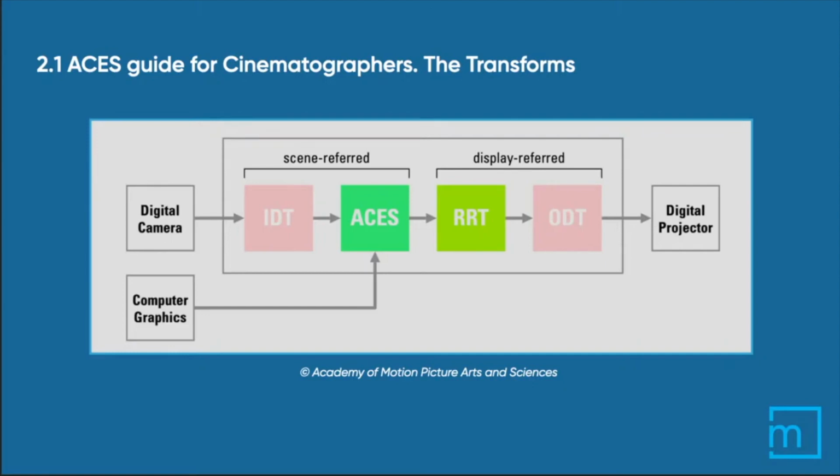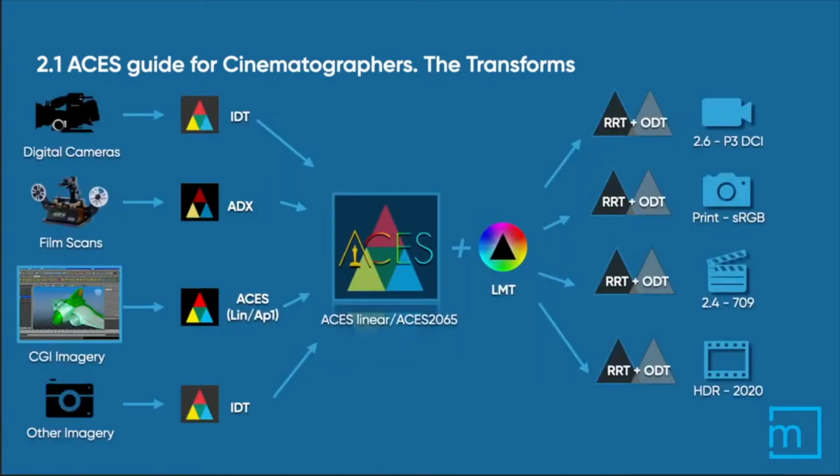This is a very quick overview of how light is moved through an ACES workframe. But probably this kind of diagram would be more familiar to you. This is how every single color managed workflow looks. They have to look like this.